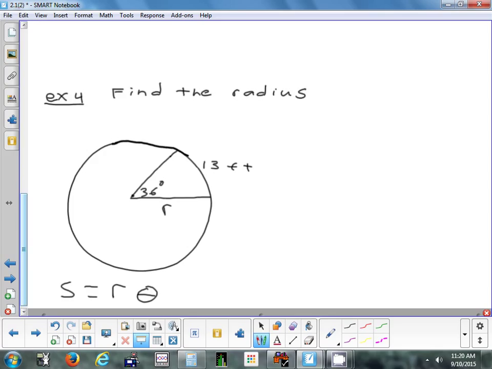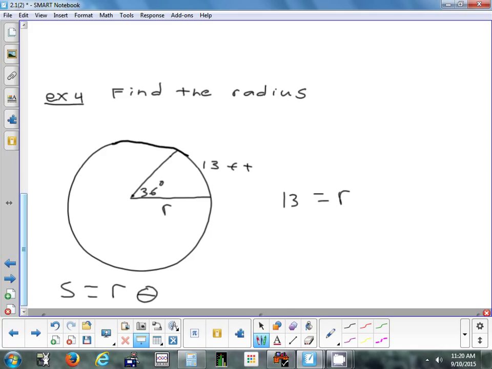Okay, Tiffany, what is my radius here? Your radius is R. Perfect. Radius is R. We don't know. Okay, that's what we're finding. Jake, what's my arc length? 13 feet. Good, 13 feet. So I'm going to fill in 13 for my arc. Keep my radius as R.